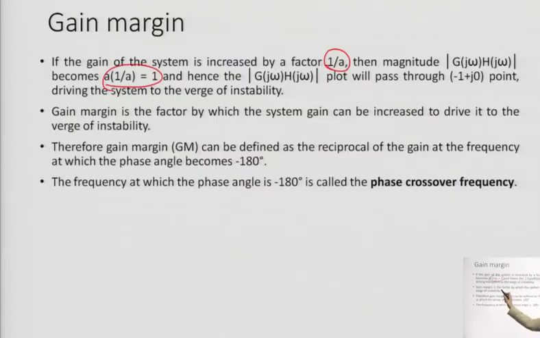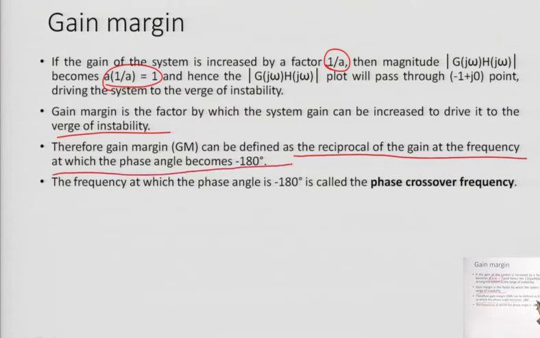So gain margin is the factor by which the system gain can be increased to drive it to the verge of instability. Therefore, gain margin can be defined as the reciprocal of the gain at the frequency at which the phase angle becomes minus 180 degrees.